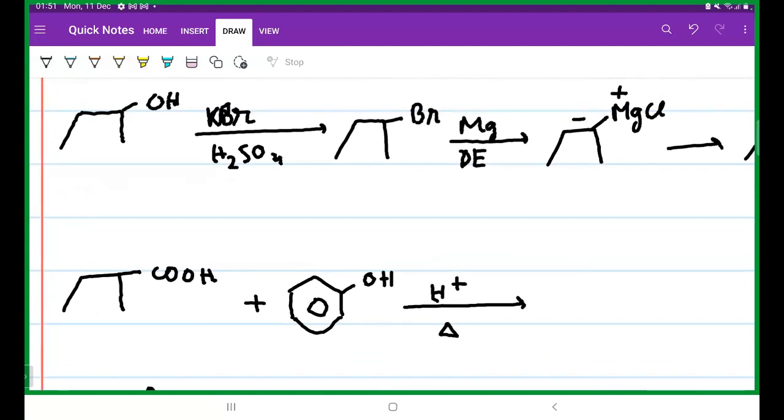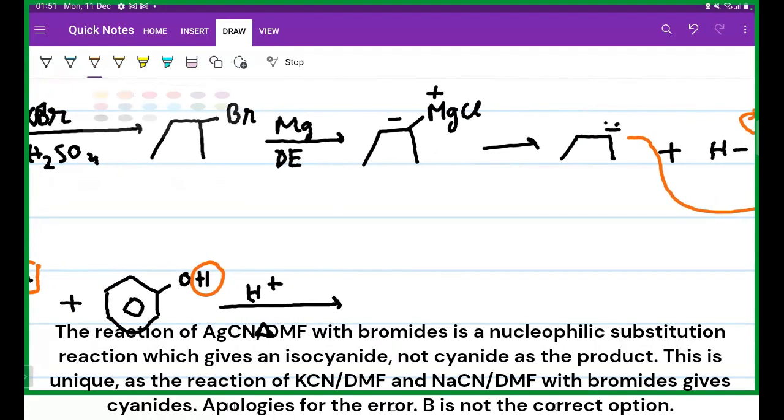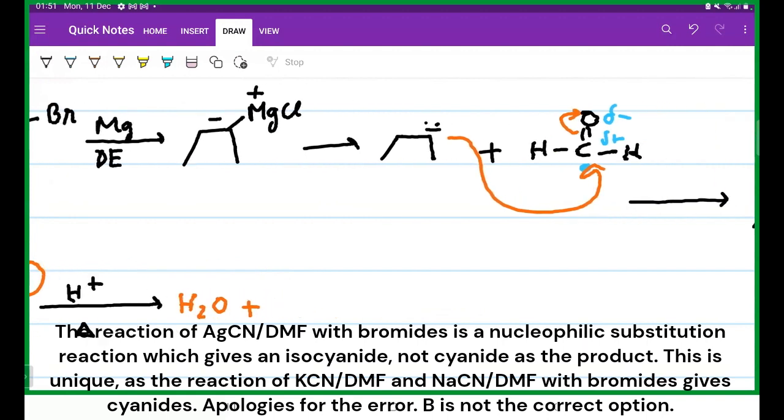I am not going into the mechanism of the esterification reaction, but let me tell you a very small trick for how you can figure out the product very easily. This is what it looks like. The acid will lose OH, and the alcohol will lose H. So the first product will be water, H2O, plus we are now just going to combine these two.